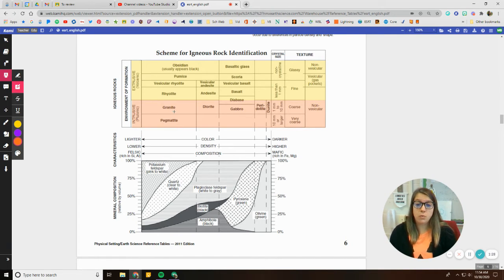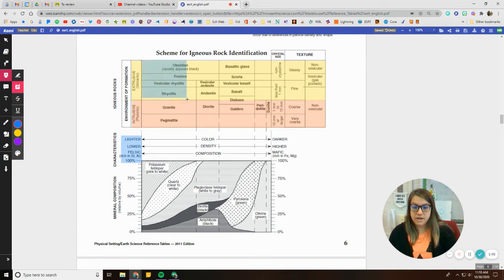This chart also works up and down. So let me use blue. We're going to go over onto this felsic side. So everything over here is going to be lighter in color, lower in density, and felsic in composition.